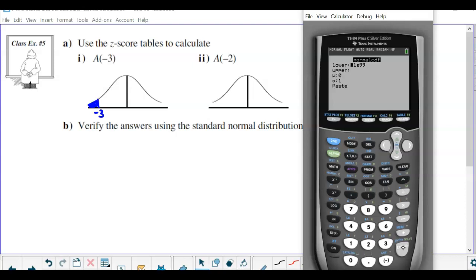Okay, so lower, what this means is where's the lowest x value in this graph? Well, remember we said this goes to negative infinity. There's no infinity symbol in your calculator. So we go negative 1 E 99. E means times 10 to the 99. Sorry, that's negative 1 times 10 to the 99.